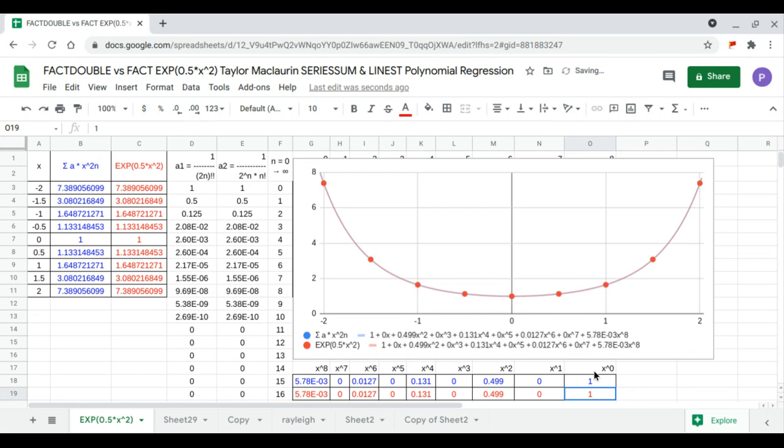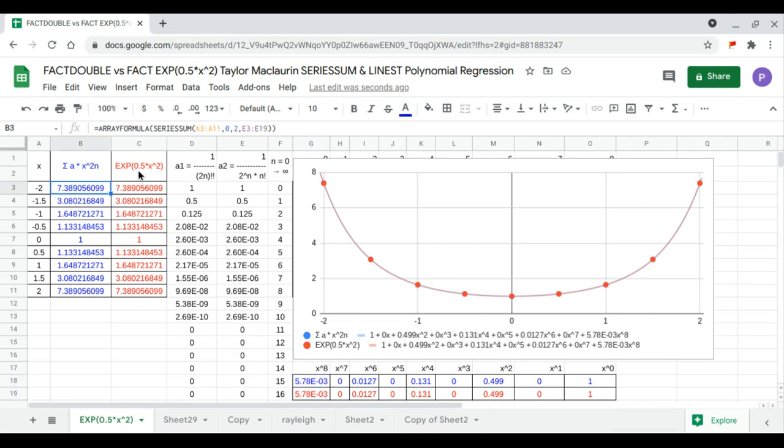So we have the coefficient for x to the 0, 1, coefficient of x, 0, coefficient of x squared, 0.0499, coefficient of x cubed, 0, coefficient of x to the fourth, 0.131, coefficient of x to the fifth, 0, x to the sixth, 0.0127, x to the seventh, 0, and x to the eighth, 5.78 times 10 to the minus 3.